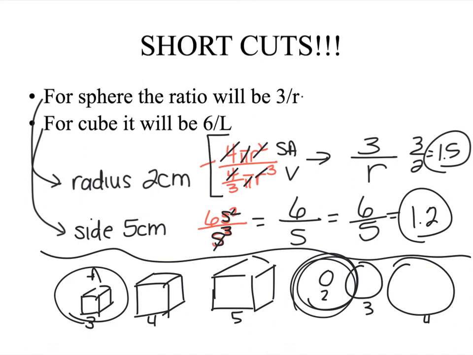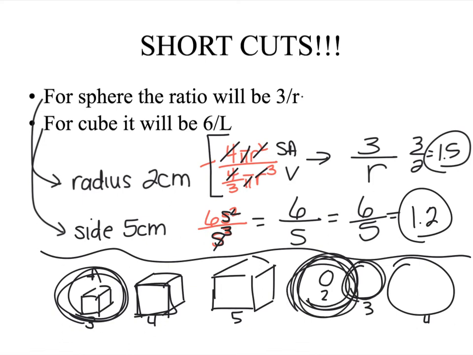Why? Because the rule is that the surface area increases more slowly than the volume does. So if they're giving you the same exact shape 3 times, you're going to pick the smallest one, because as the shape gets bigger, the surface area is going to increase more slowly than the volume. So 3 cubes, your smallest cube is your answer. 3 spheres, your smallest sphere is your answer.